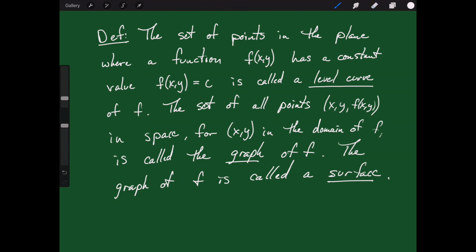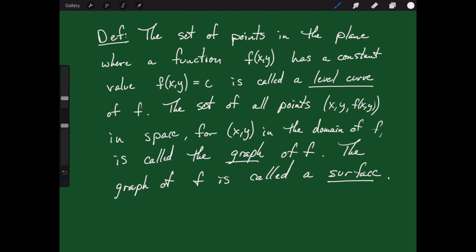So in 2 dimensions, the graph of a function is called a curve. In 3 dimensions, the graph of f is called a surface. Okay, so we have some surface in 3 dimensions. Typically, graphing surfaces just by hand is not necessarily so easy.